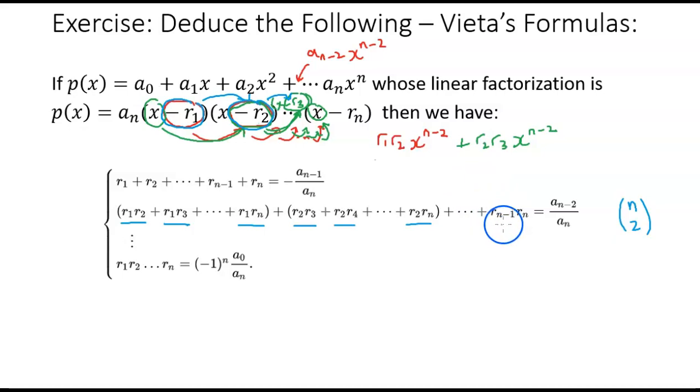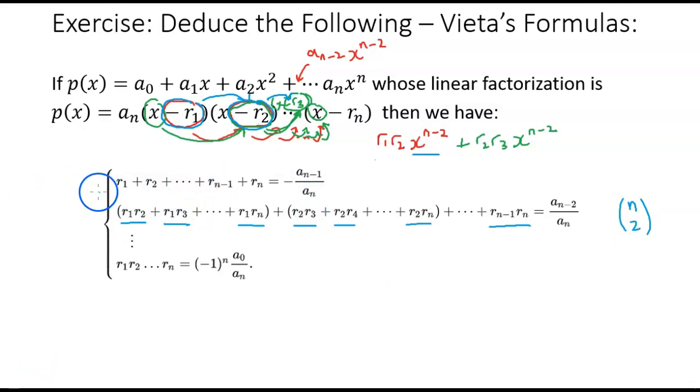You keep doing that until finally you get to the very last chain, which is all of the chains that involve r(n-1) and none of the Ri's before n minus 1. And so r(n-1) rn is the last term, if you're going to do it in that order. And so there are n choose 2 of these, and all of those multiplication chains result in a power of n minus 2 for the x's.